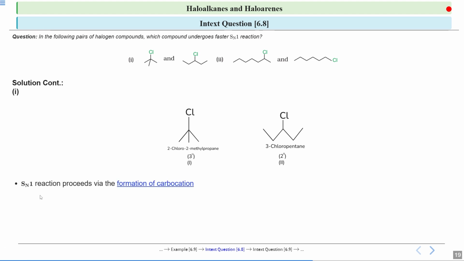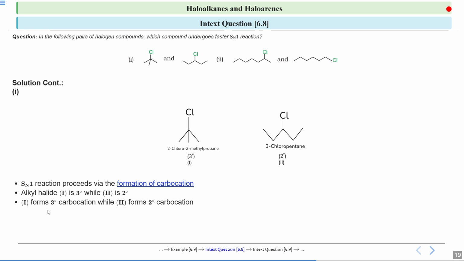And we have just seen that SN1 reaction proceeds via the formation of carbocation, right? And tertiary carbocation will be more stable than secondary carbocation. Tertiary carbocation will be given by this tertiary alkyl halide, because when this chlorine is removed from here, this carbon will get positive charge, and this is tertiary carbocation. And when you remove this chlorine from here, this carbon will get positive charge, and this is secondary carbocation. So the first alkyl halide is tertiary, and the second is secondary.